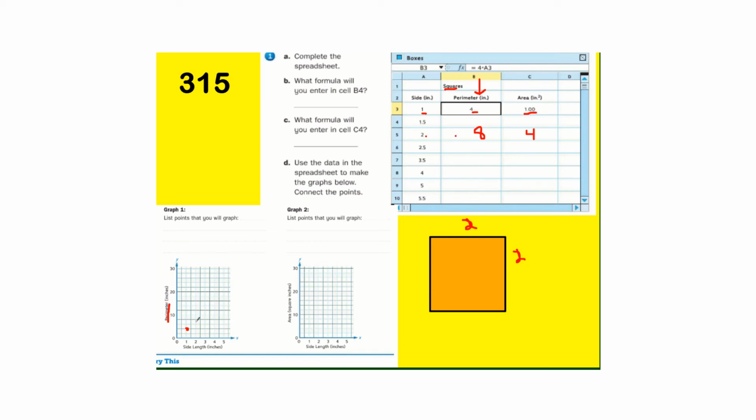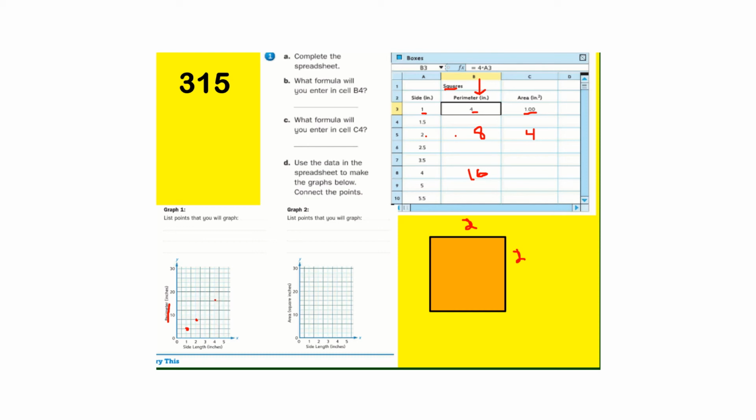The best I can get it here. 2, 4, 6, 8 right here. Okay. 4 would have been 16. So at 4, we go up to the 16.